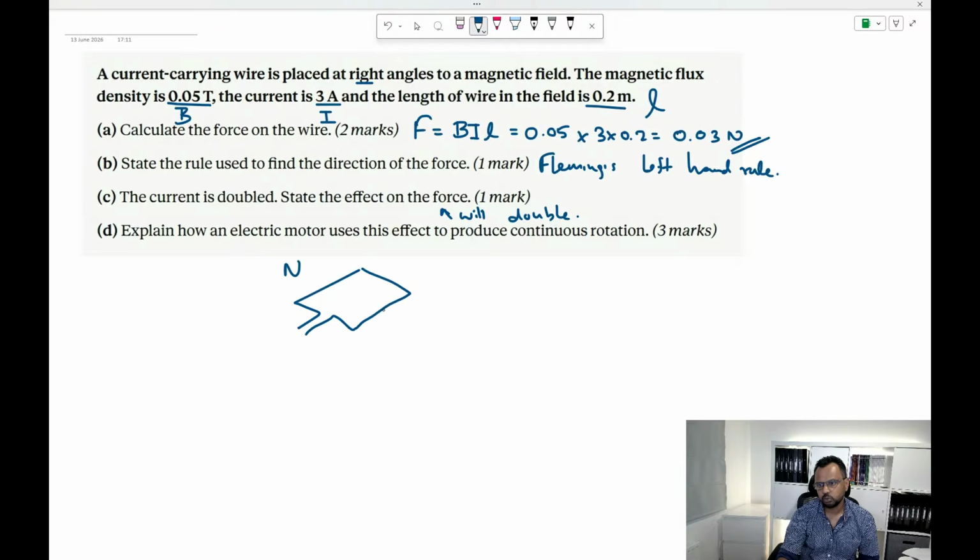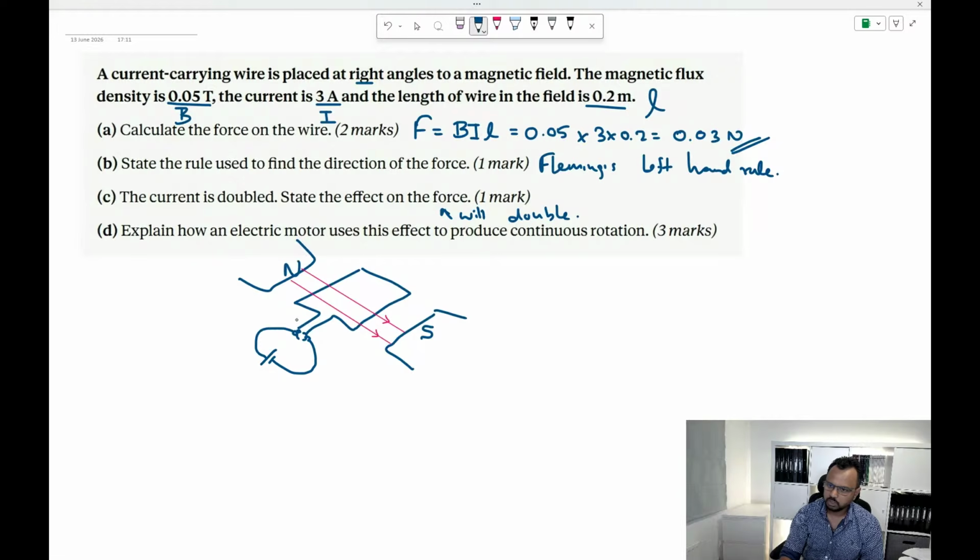We have a magnetic north pole here, south pole here, and the magnetic field between those two is like this. Now, here we have slip rings, right? And then these are carbon brushes here, and then connected to a power supply, DC supply.